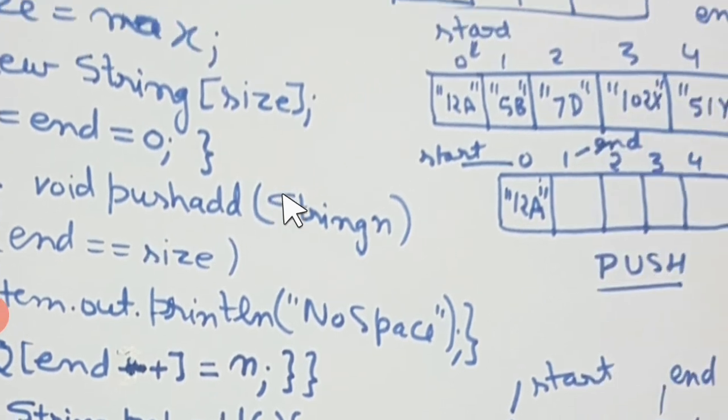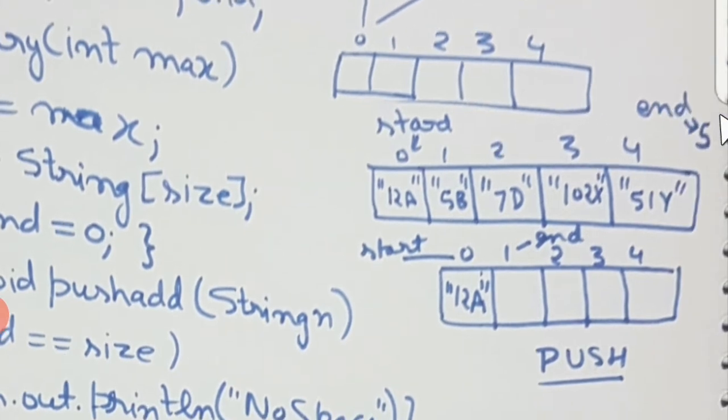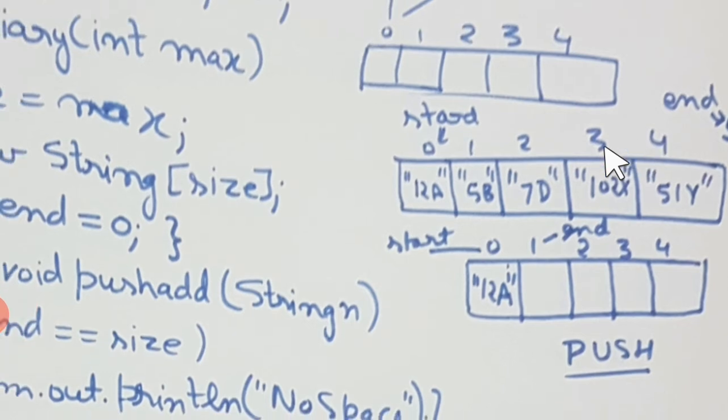Let me show it to you here. When the last element has been entered, end will be 5, which is equal to the current size of the Q. So here you can see that Q is full, or the diary, which is actually in the form of a Q, is full.